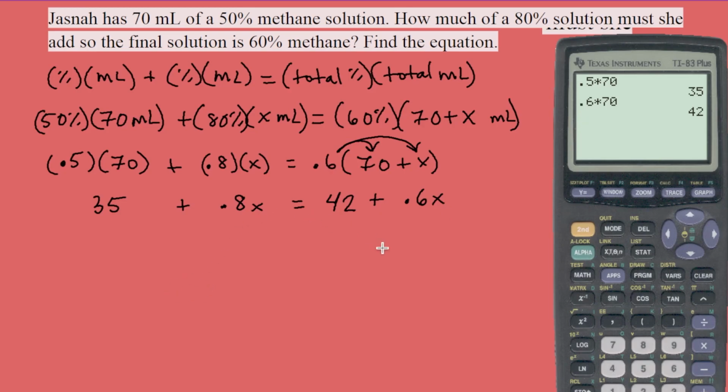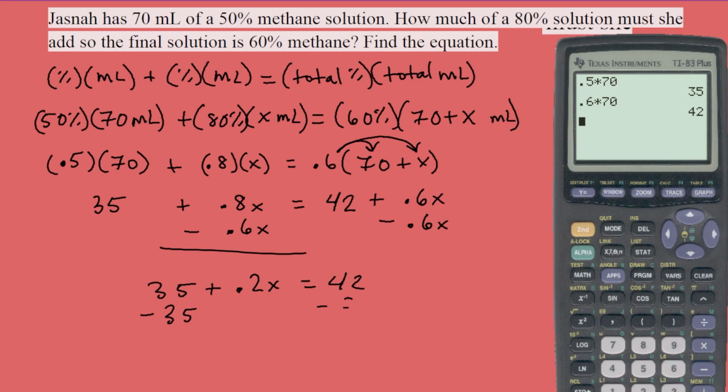And then at this point, we want to get all the x terms on one side, all the constant terms on the other. So we can move the 0.6x by subtracting 0.6x minus 0.6x. So we get 0.2x. And then we have 35 plus 0.2x equals 42. And then subtract 35, subtract 35.